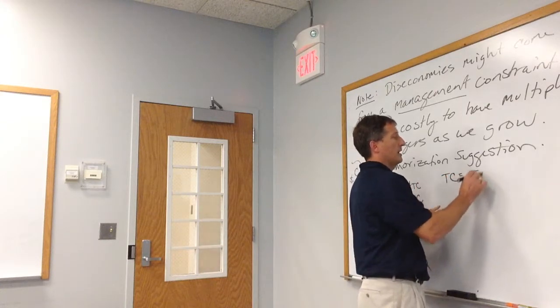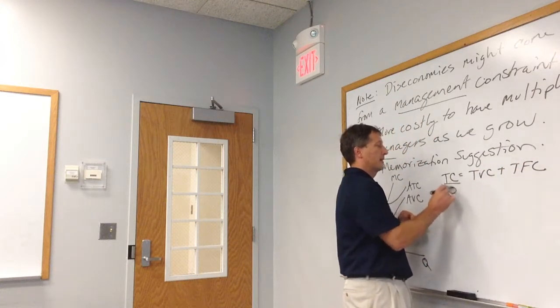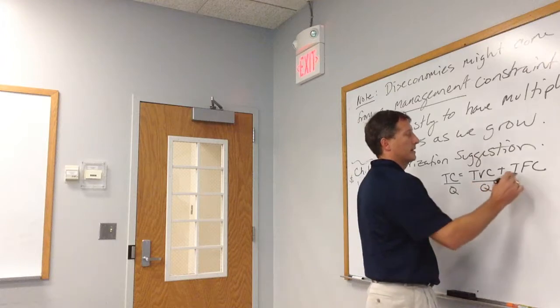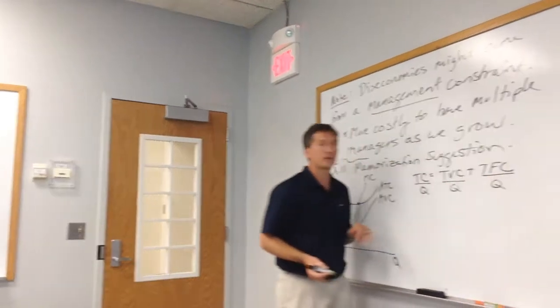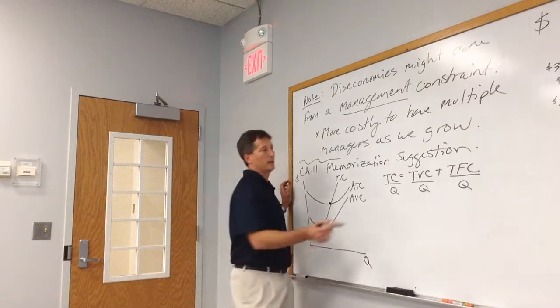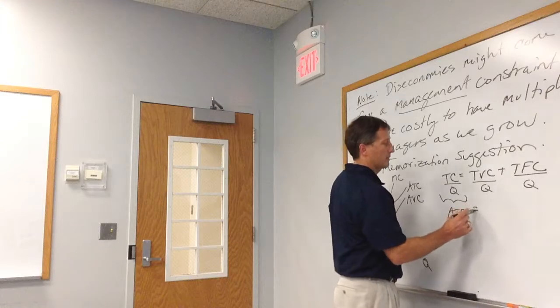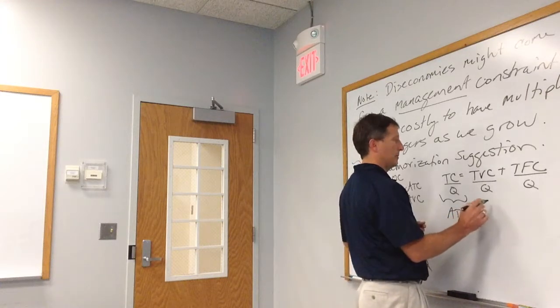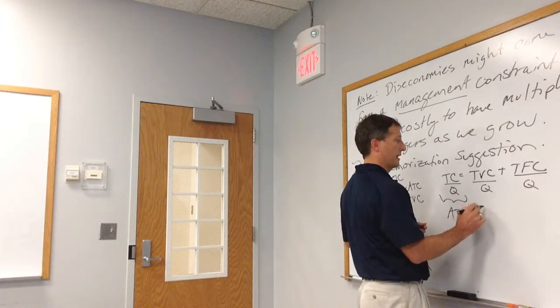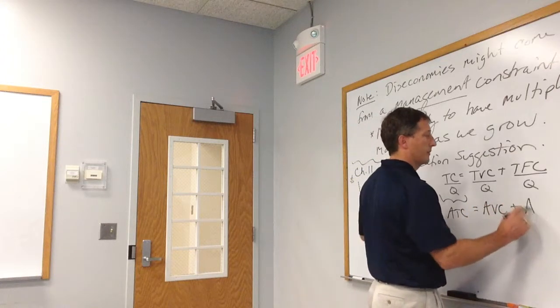Our equation goggles had this formula of breaking total cost into two parts, those that vary, those that are fixed. The average total cost was given by dividing total cost by quantity, and gave us this relationship.